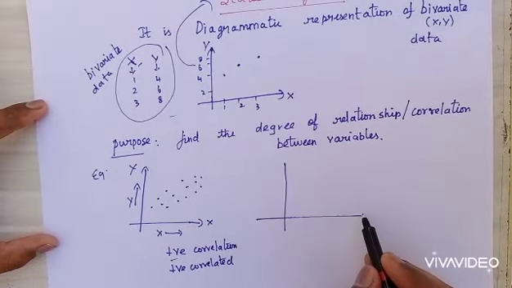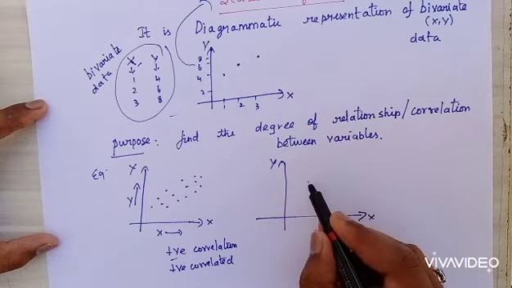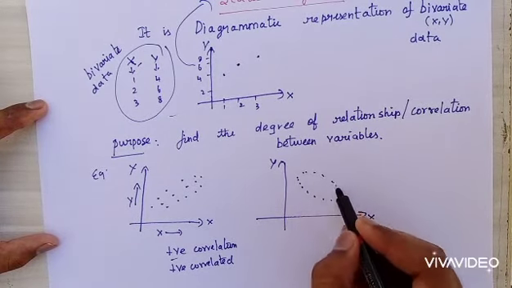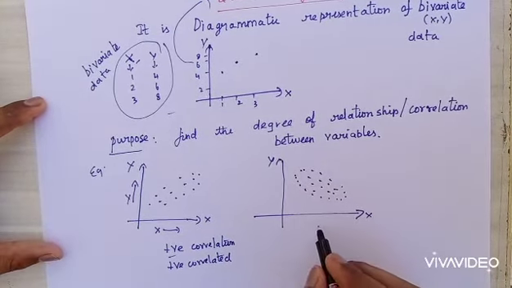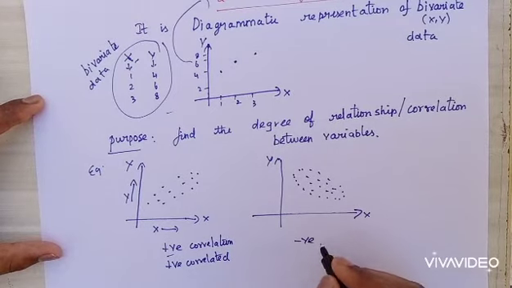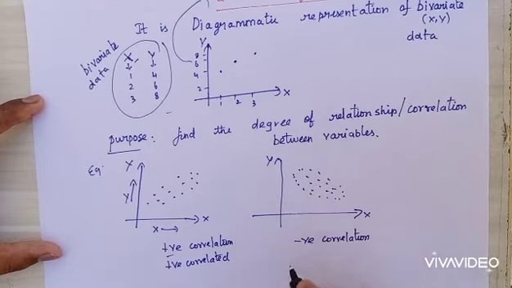If the diagram is like this, then we will say negative correlation between the variables, or the variables are negatively correlated.